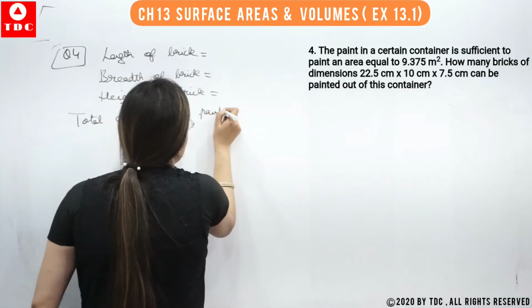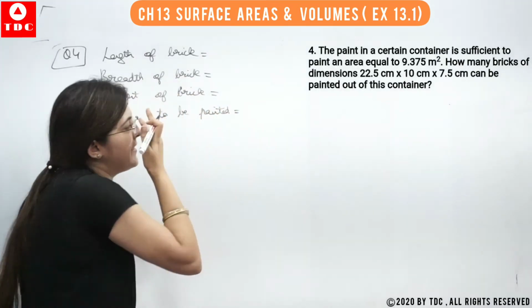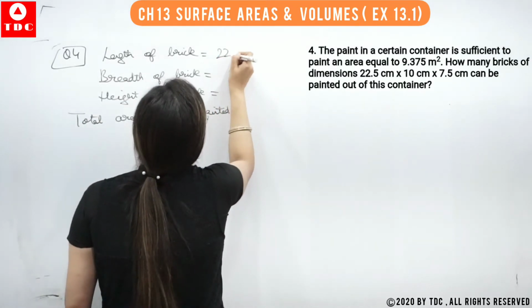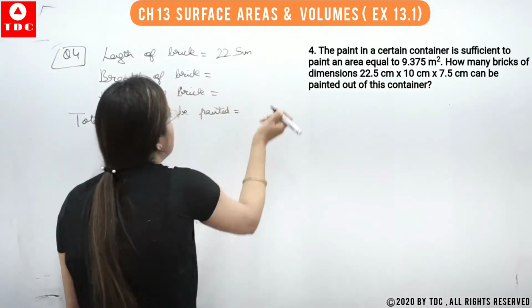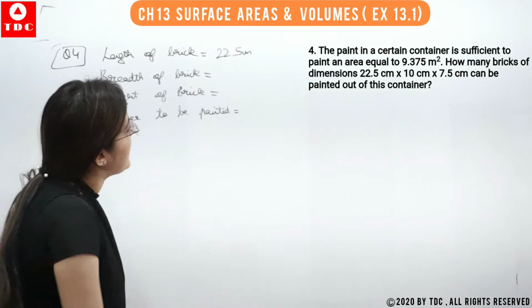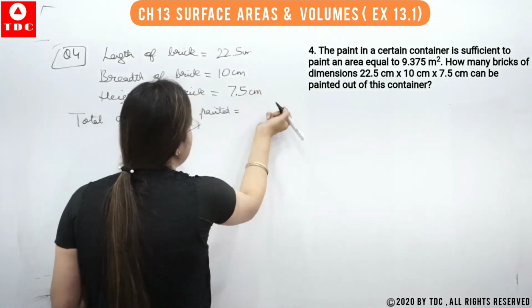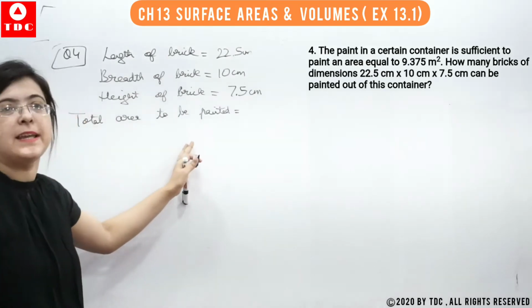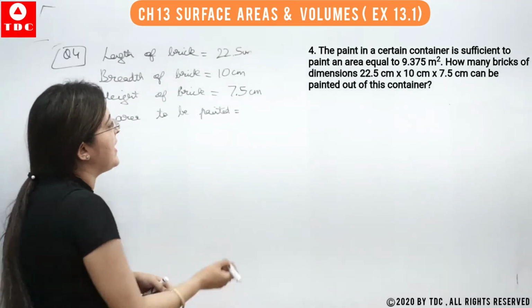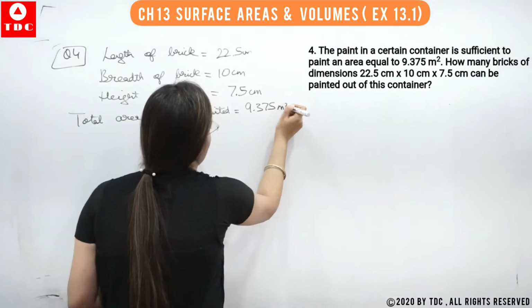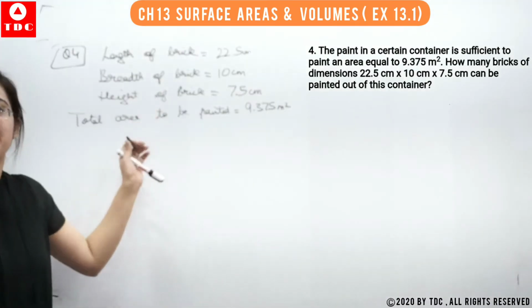Okay, these are the things given. Let's write it down. The length is given as 22.5 centimeter. The breadth is given as 10 cm. The height is given as 7.5 centimeter. And the total area to be painted is given as 9.375 meter square. Okay, these are the dimensions.